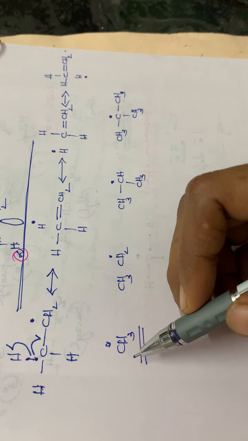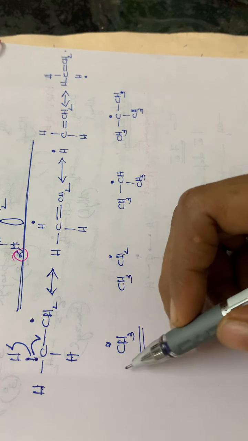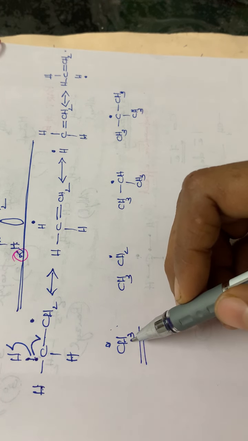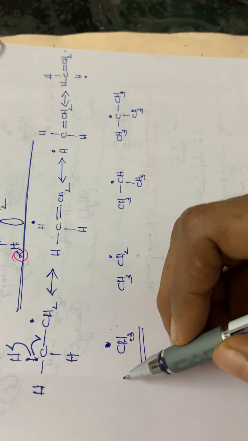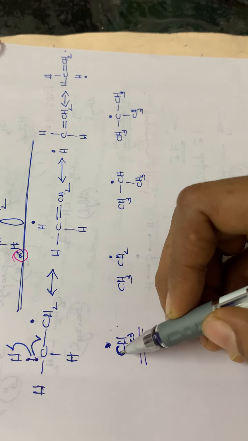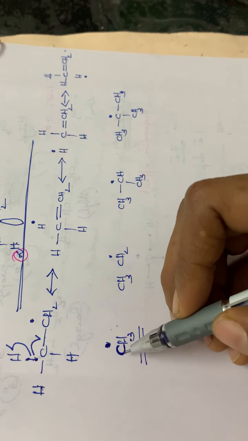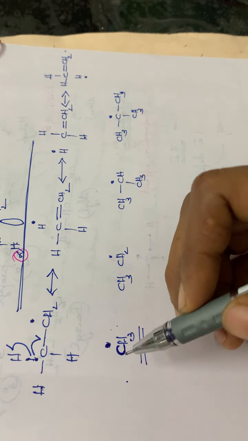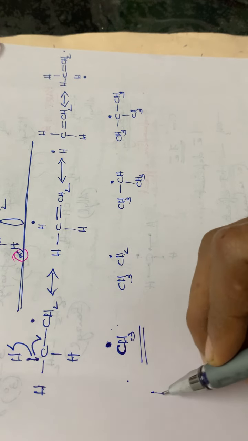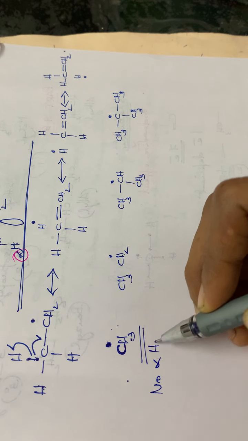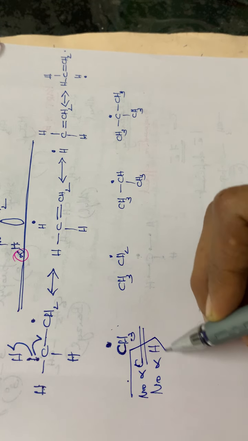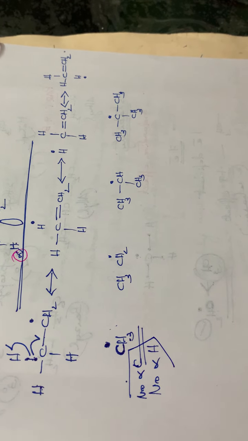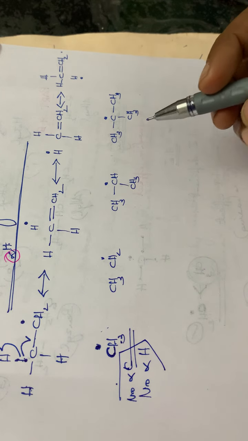There is no alpha carbon attached to the carbon carrying the free radical, so no alpha hydrogen. Therefore there is no chance for hyperconjugation, and this methyl group is not stable compared to the other ones.